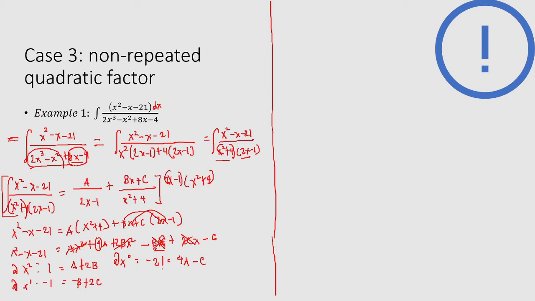So we cannot get any of the values directly. However, if we use the substitution method, we can get the values of A, B, and C. So how are we going to do that?